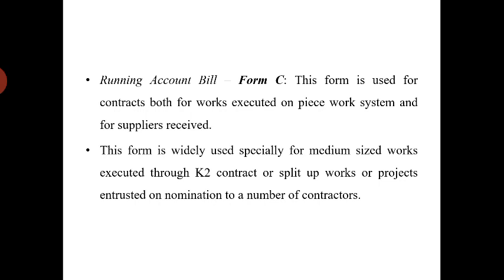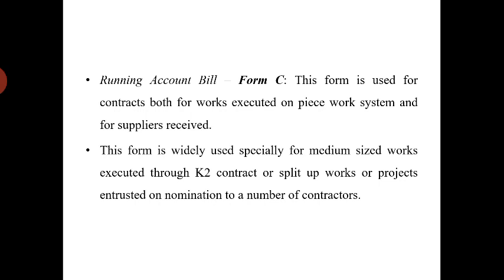Even for smaller contractors, nobody will give bills in form A, because there will not be any security for those people. If it is less than 10 lakhs or 5 lakhs, anybody is doing the contracting.